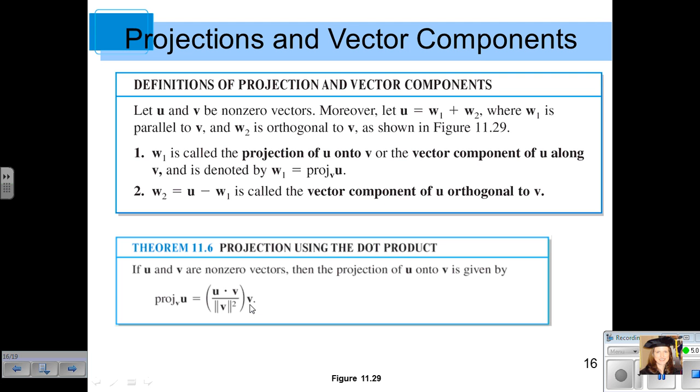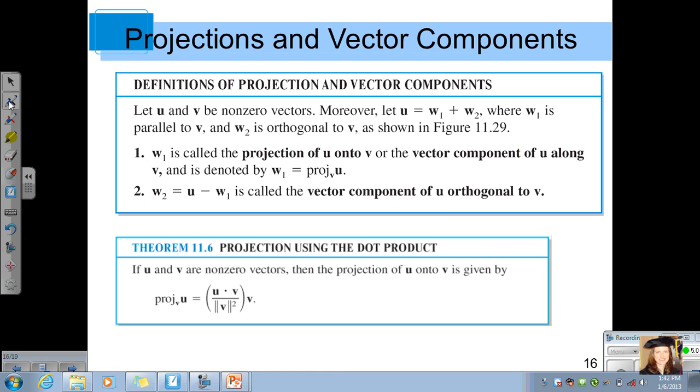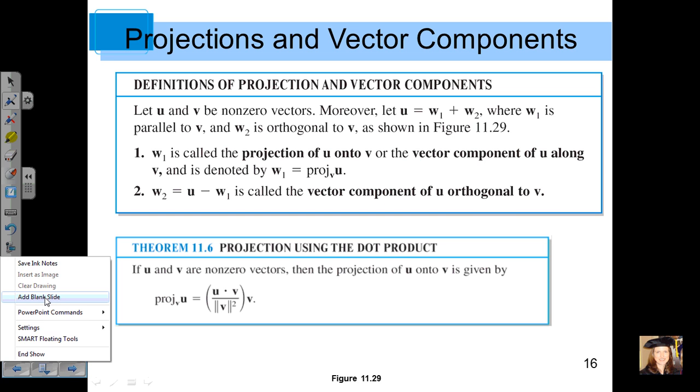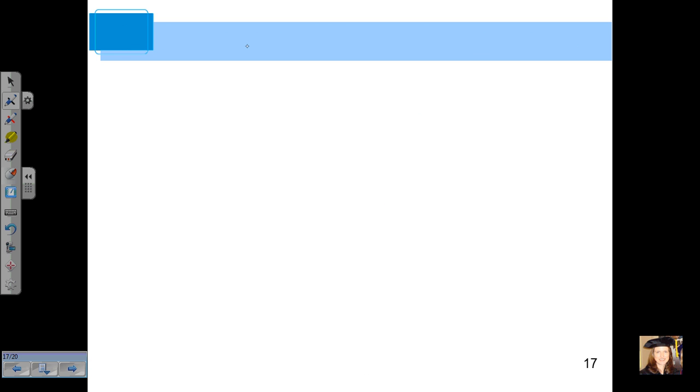What I'd like to show you here is a depiction of this notion of projecting one vector onto another vector. So let's look at what it means to project a u onto a v vector, graphically.